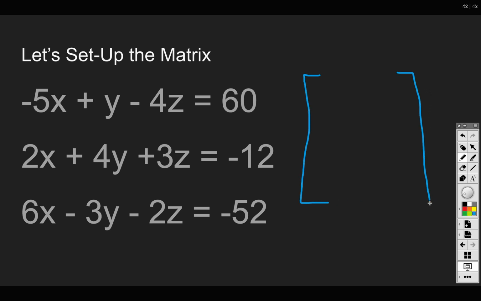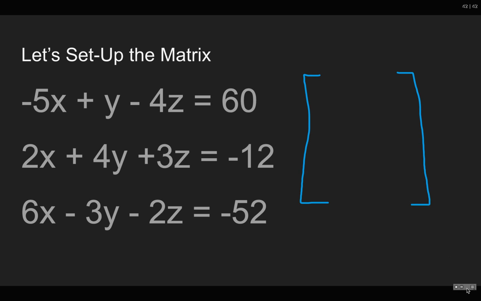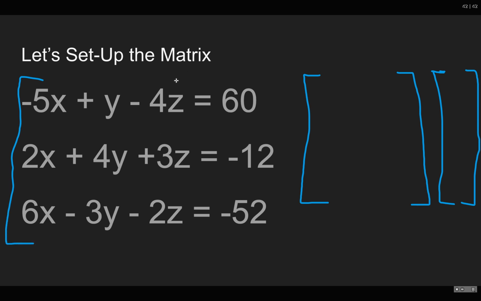In reality, there are three matrices here, but we're only going to worry about two of them right now, and once we get to the solving, I'll explain where the third one comes from. If I put a bracket around these, you should see very quickly where these numbers are going to come from.